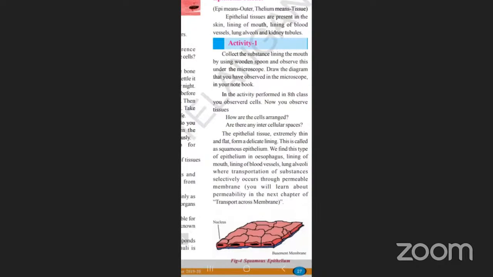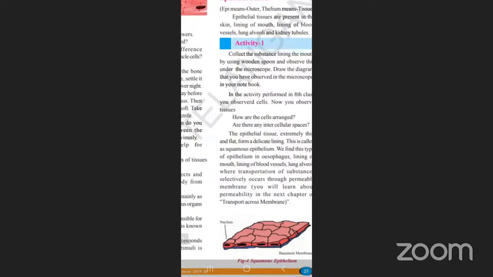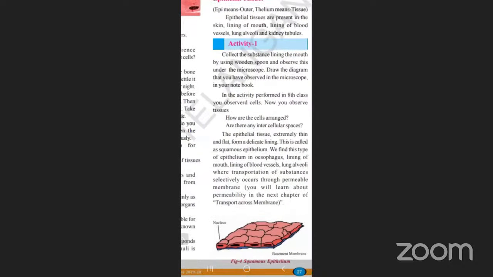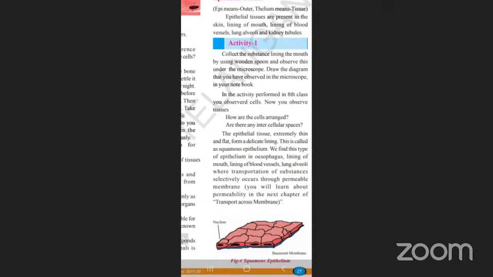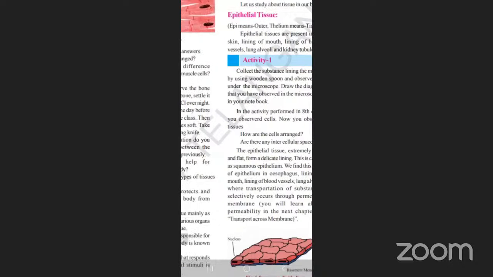The epithelial tissue is extremely thin and flat, right? Just observe figure number 4, squamous epithelium. The epithelial tissue is extremely thin and flat, and forms a delicate lining, a very soft lining.